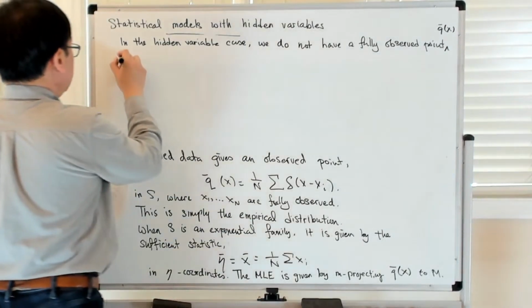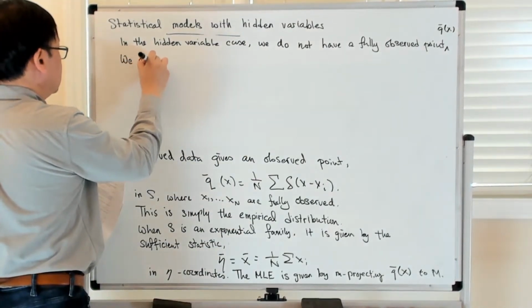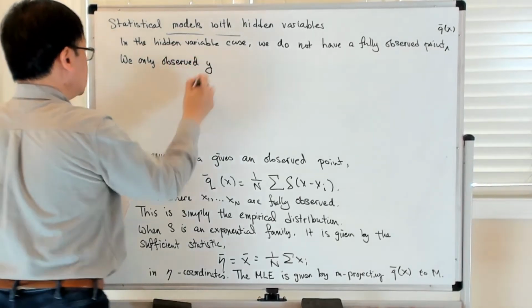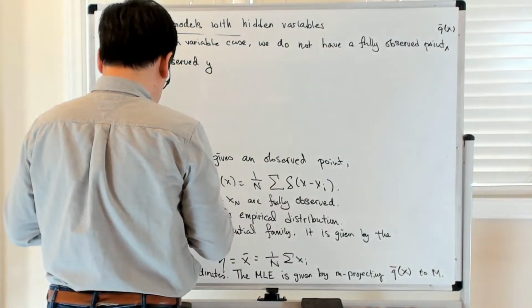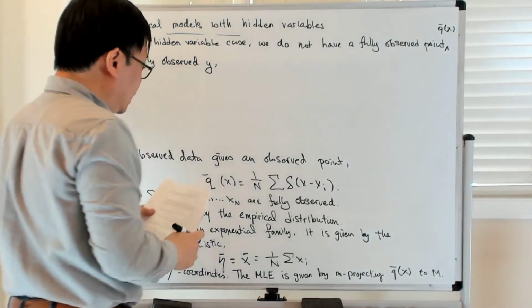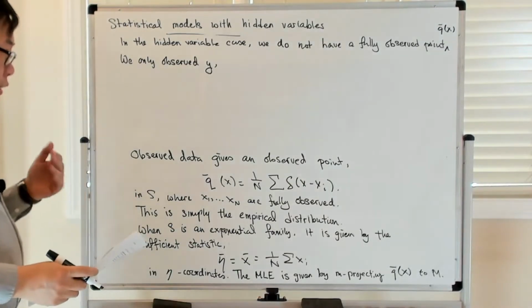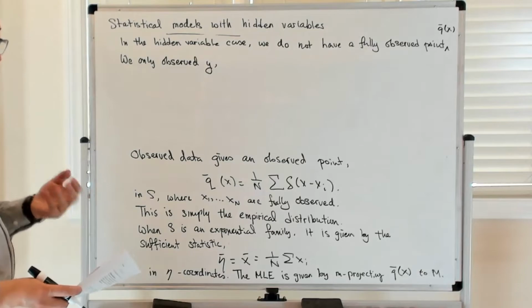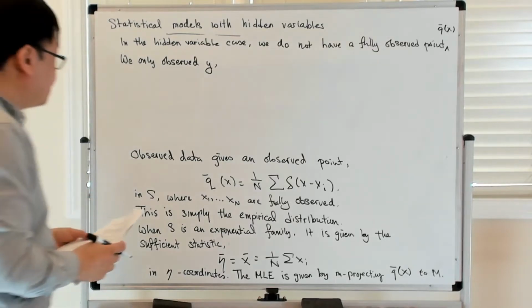We only observe the y components. So what happens in essence is that you can still construct an empirical distribution, but it's an empirical distribution which is associated with the marginal, right?